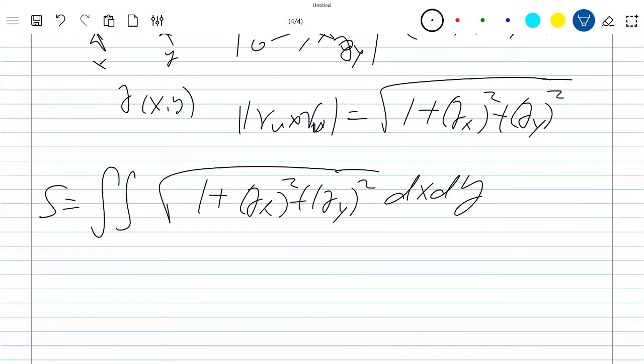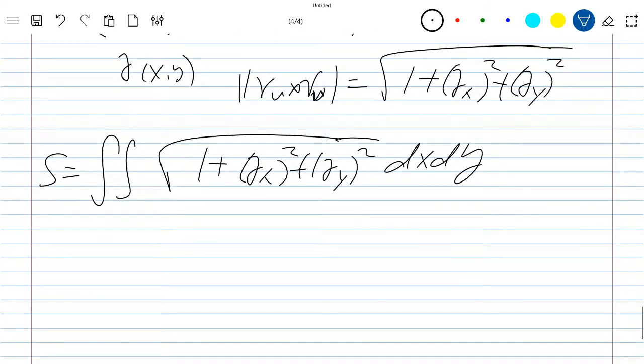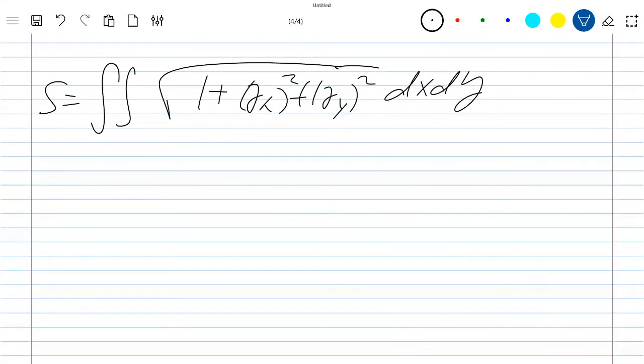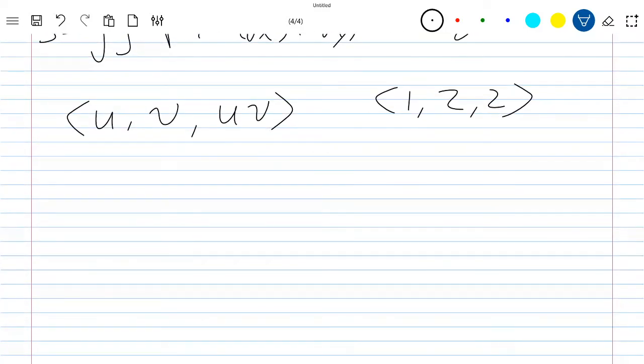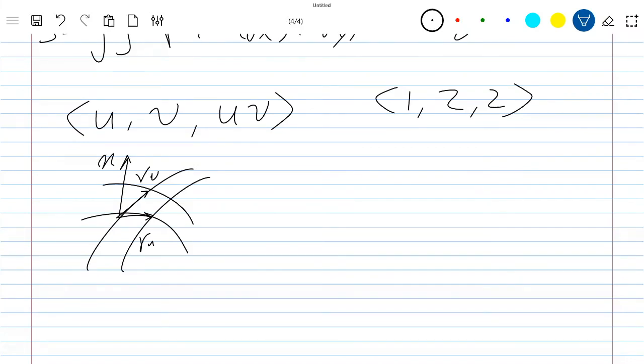Okay, one last question. Suppose you have a given parametric surface like that, and let's say we pick a point (1, 2, 2). Let's find the tangent plane to this surface. How do you find the tangent plane? You find ru, rv, then take the cross product to get this N, right?